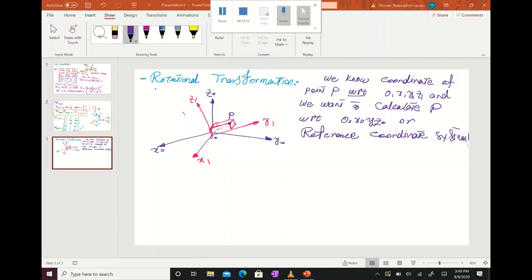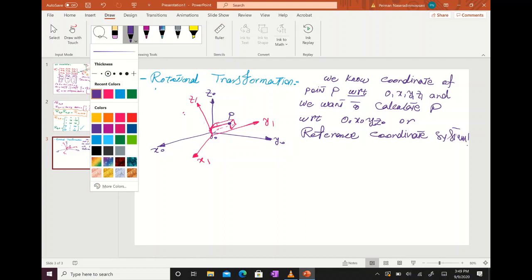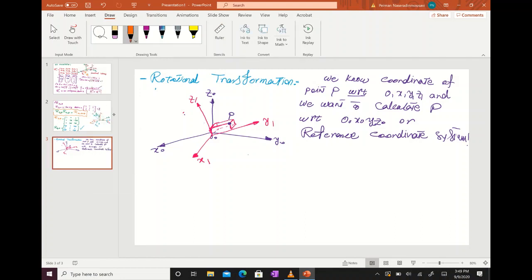On the other hand, mathematically we know this. P with respect to 1. Remember that I taught you in the previous class. Point P with respect to the frame 1.